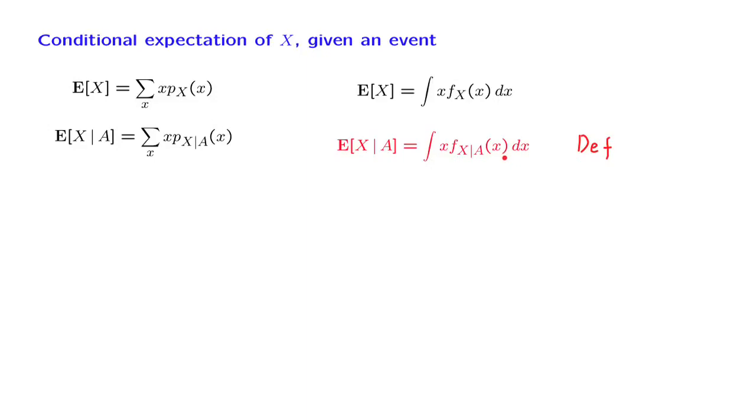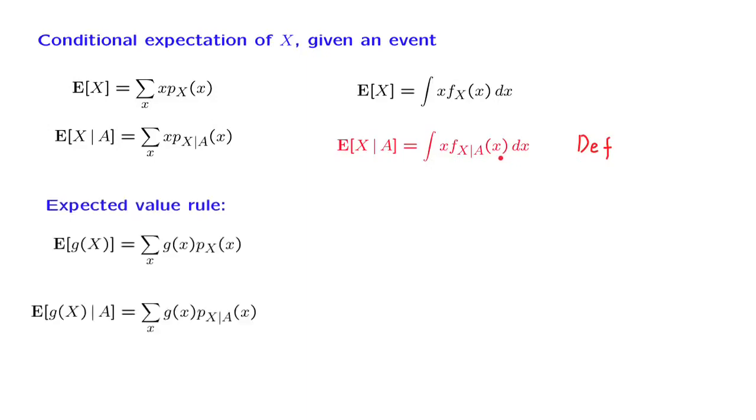We have a similar situation with the expected value rule, which we have already seen for discrete random variables in both the unconditional and in the conditional setting. We have a similar formula for the continuous case, and at this point you can guess the form that the formula will take in the continuous conditional setting.